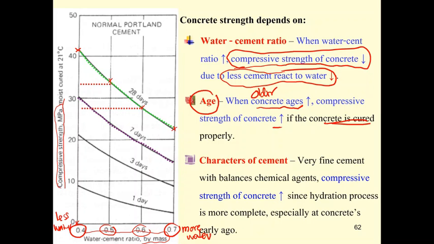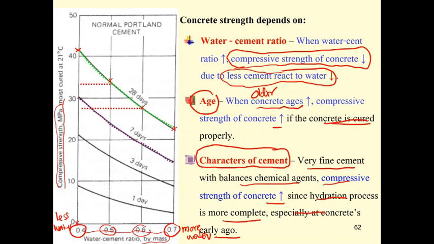And the characteristic of the cement, the graph didn't show this. If you have very fine cement with balanced chemical agents, which is going to be from the new curing machine that we just mentioned when we produce the Portland cement, the compressive strength of the concrete will go up since the hydration process is more complete, especially in the early age of the concrete.